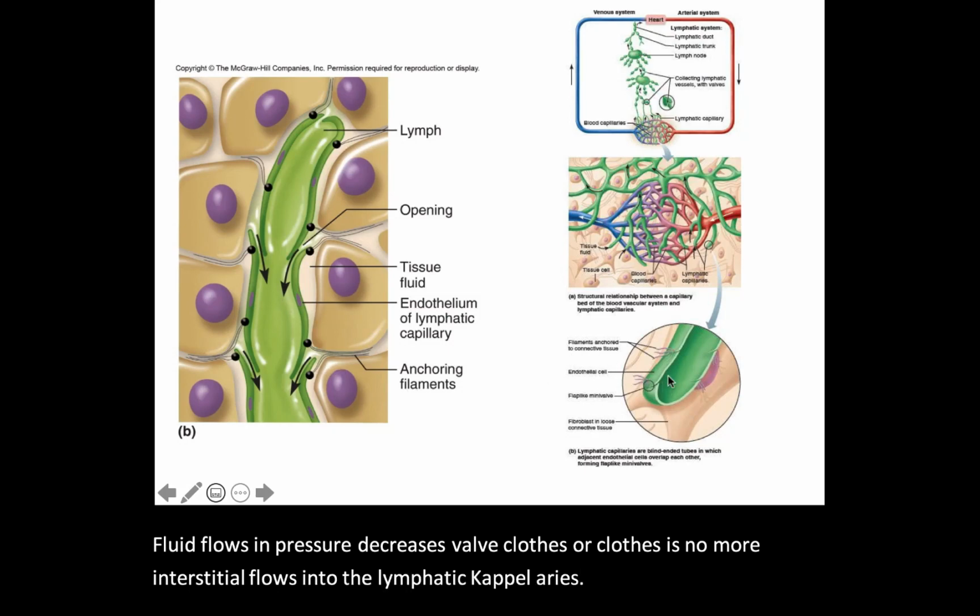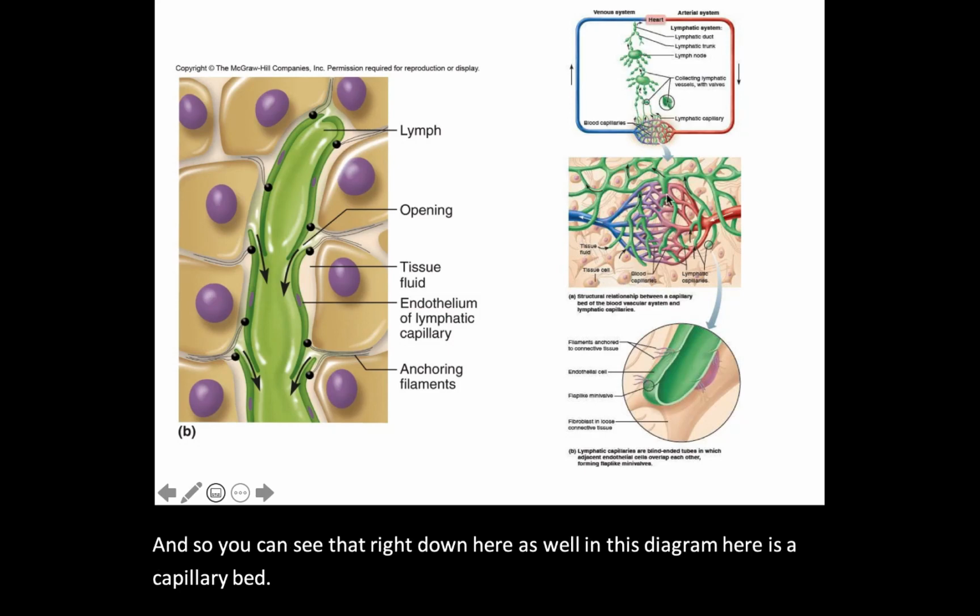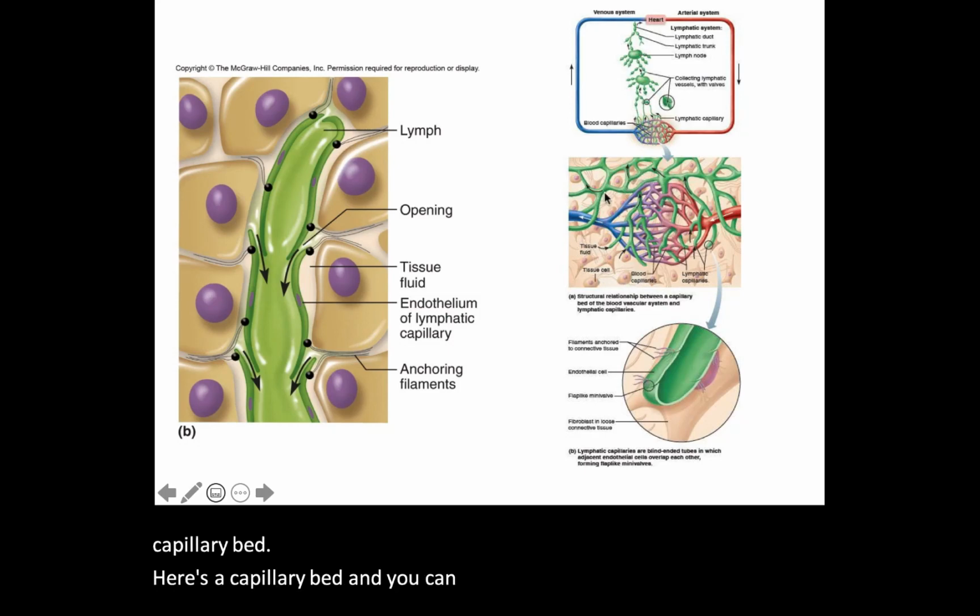And so you can see that right down here as well in this diagram. Here's a capillary bed, and you can see surrounding that capillary bed are the lymphatic capillaries.